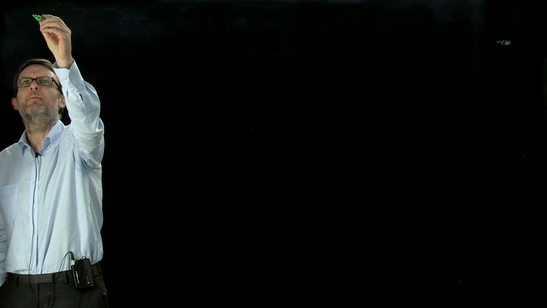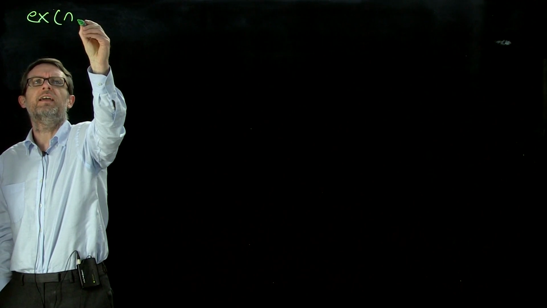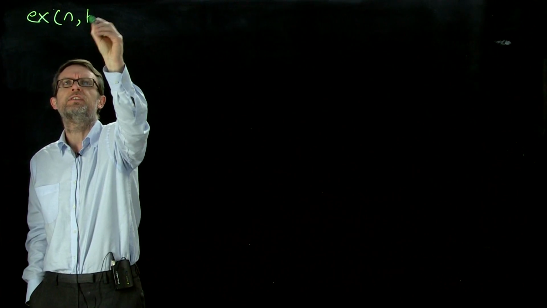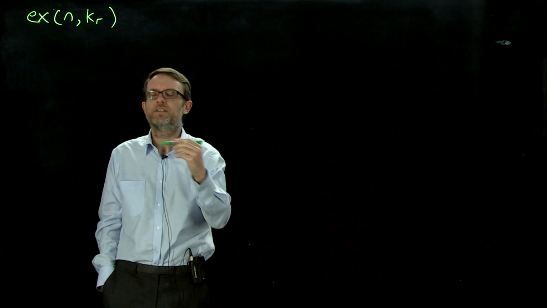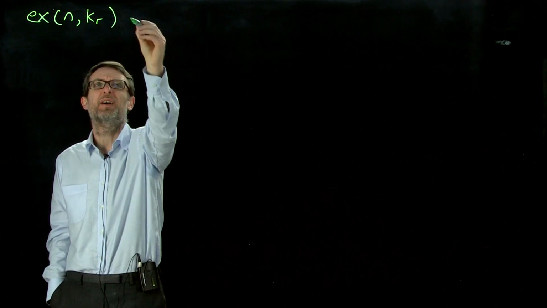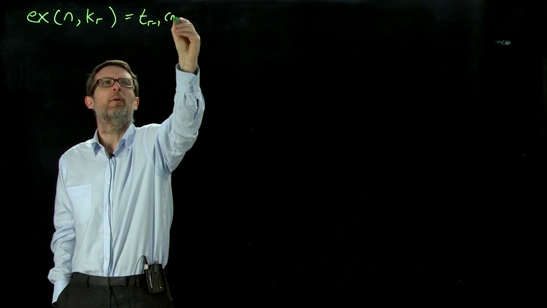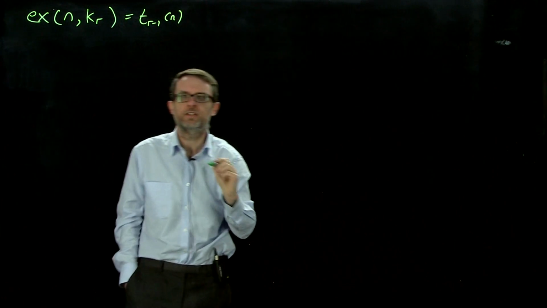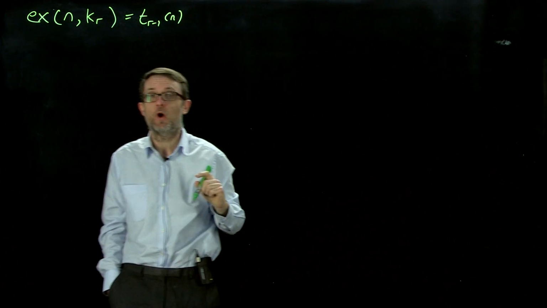Last time we proved Turan's theorem, and remember that Turan's theorem concerns what is the largest number of edges that you can put into a graph on n vertices and avoid having a complete graph on r vertices sitting inside that graph. And we proved that this is exactly t_{r-1}(n), the number of edges in the Turan graph on n vertices with r minus 1 classes.